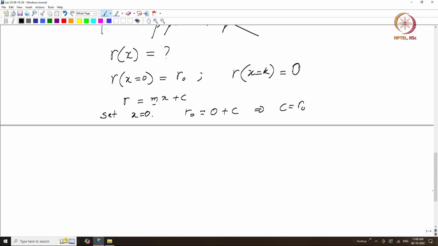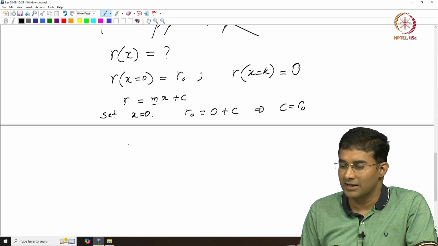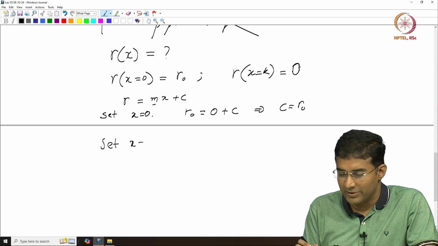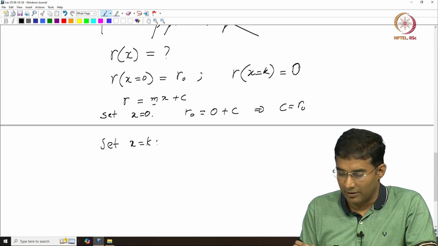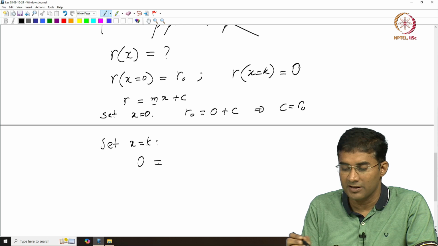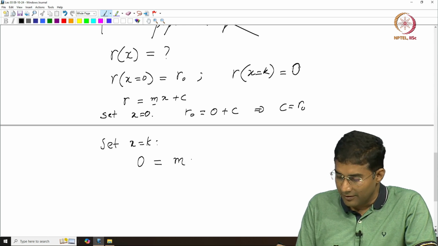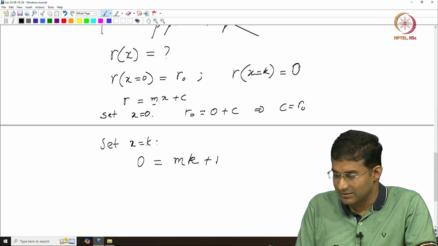Now, what is the value of the slope? To do that, let us use the second piece of information, which is that at population density k, the per capita growth rate is 0. So the left hand side becomes 0 in the r is equal to mx plus c equation, with x equal to k, and c is r 0.